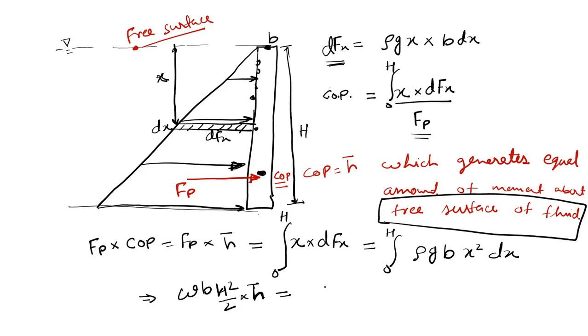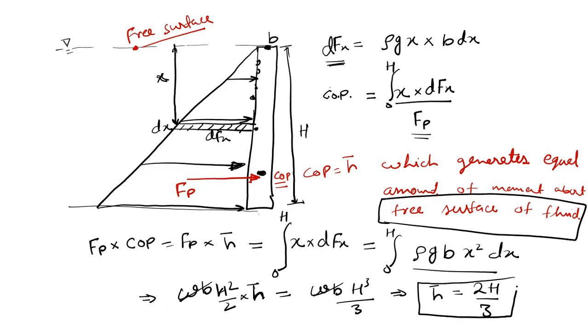Rho g b is the common factor, and x cube, if you integrate this, will be h cube by 3. Rho g b will cancel with each other. So this will result in h bar equals 2h upon 3, right?